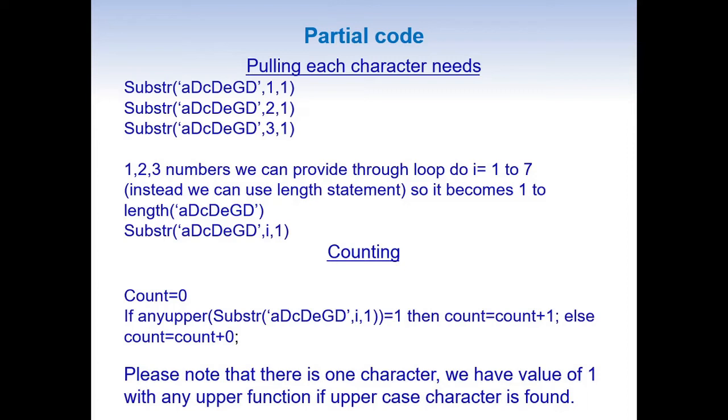Before going into the full code, I just want to mention 2 points. The first one is, as we are pulling only one character, we will have the value of 1 with the any upper function if an uppercase character is found. Now I am moving into the full code.